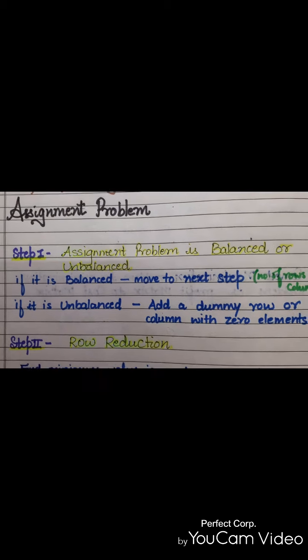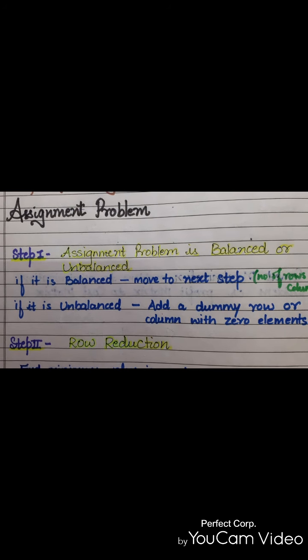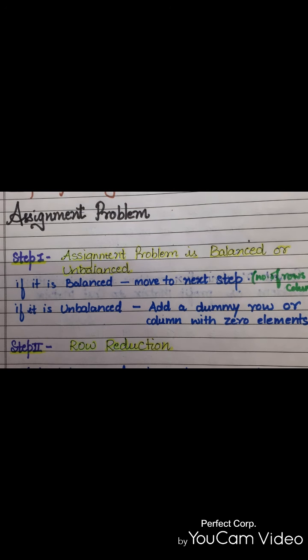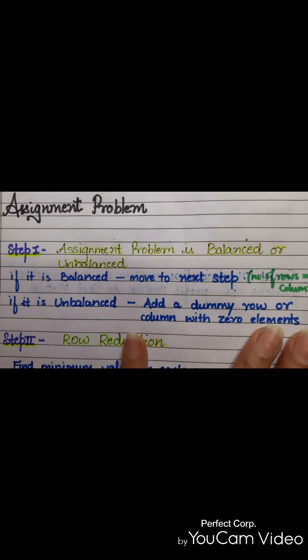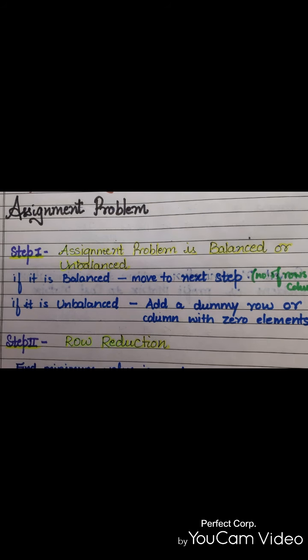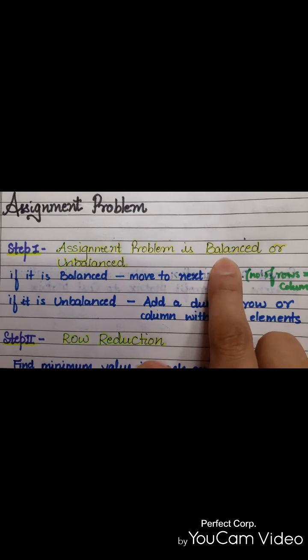The first step while solving any assignment problem is to check whether the assignment problem is balanced or unbalanced. So let's understand how we will identify whether the assignment problem is balanced or unbalanced.